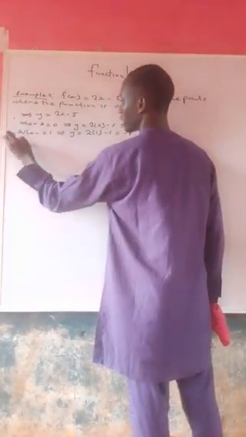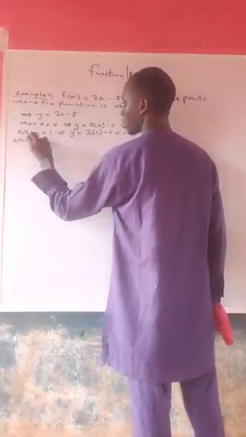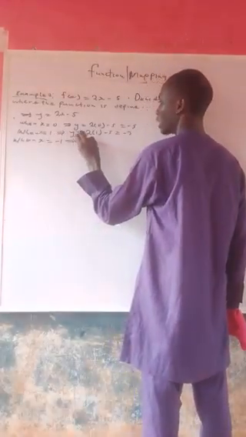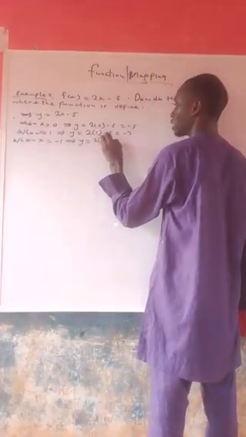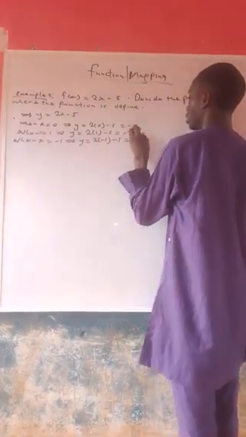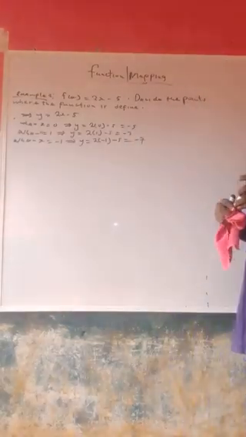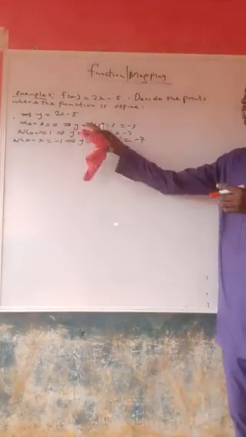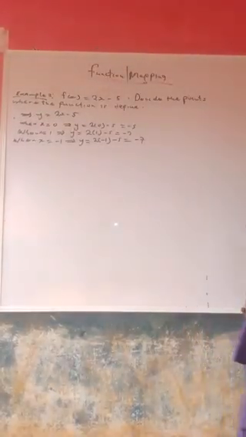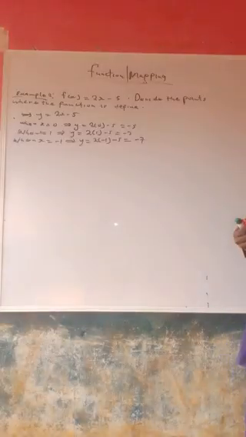When x equals negative 1, this implies that y equals 2 into bracket negative 1 minus 5, which equals negative 7. Alright, what am I trying to say? Whatever values we insert into this function, we are still going to obtain another value for y. So that tells us that this kind of function is defined.